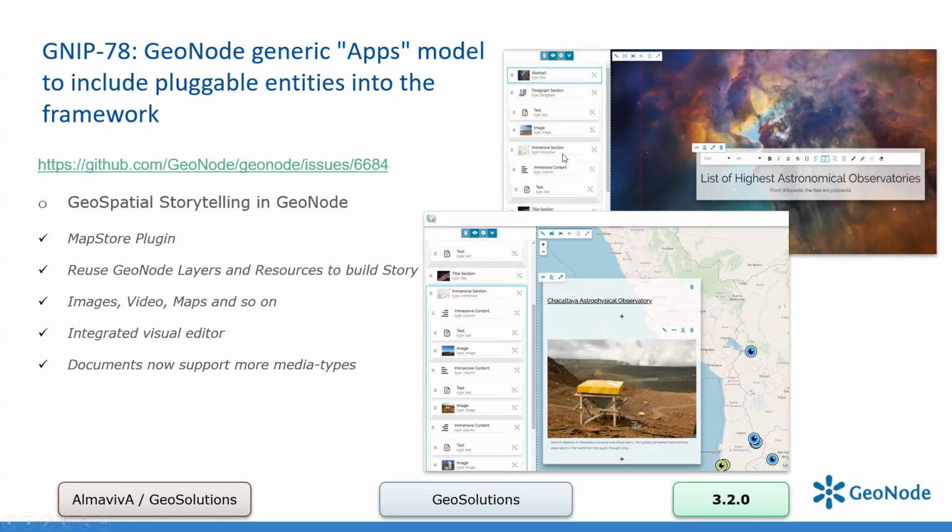Basically, a GeoStory allows you to create dynamic content. You can reuse all the resources that GeoNode already provides. So you can include into your GeoStories every media type that you uploaded as a document. You can reuse every existing map that you already created in GeoNode, or a layer that is already available on GeoNode.